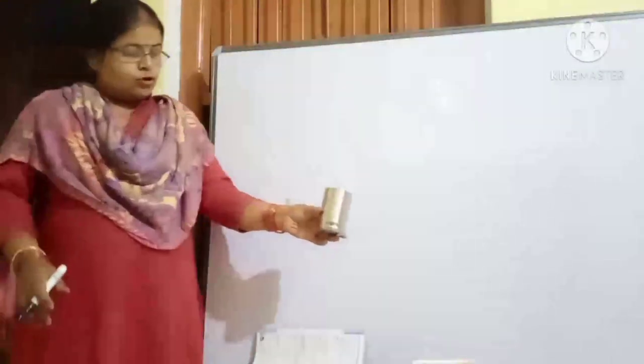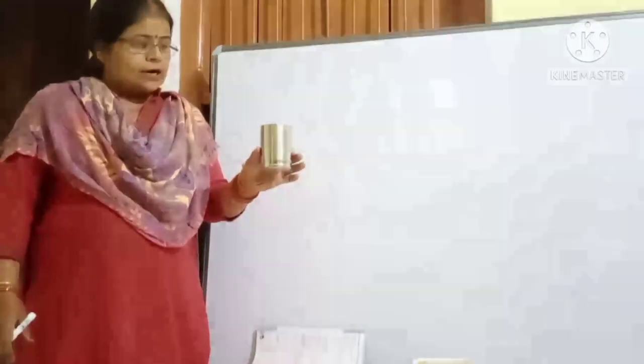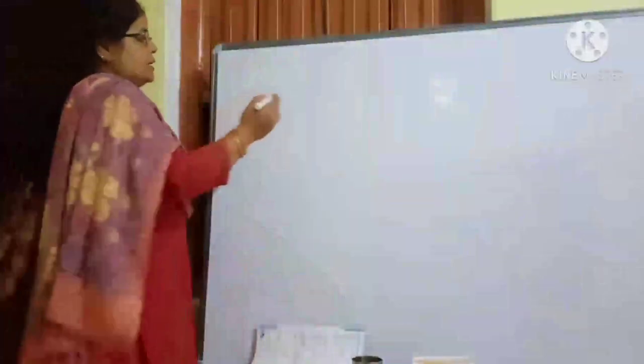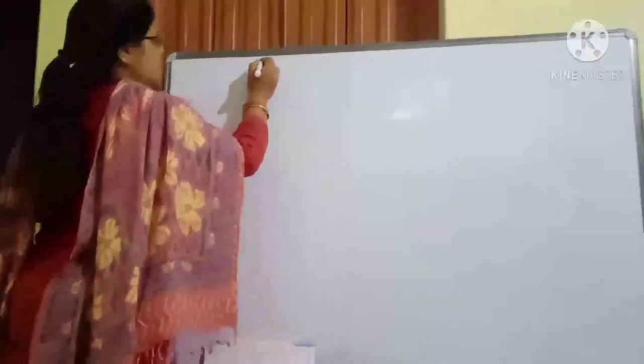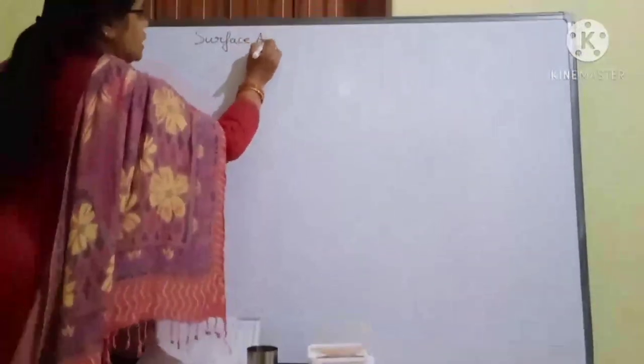For that, I am showing you one glass. This is the example of a right circular cylinder. What do we mean by right circular cylinder? First of all, I am going to write your chapter name, surface area and volume.